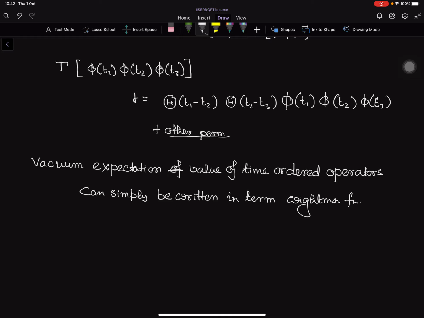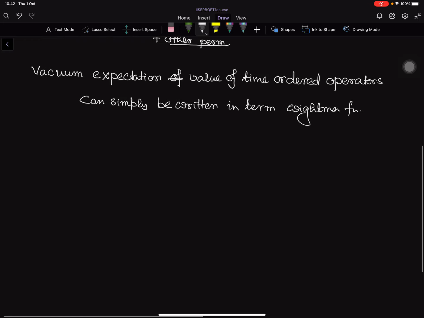Okay, so let's first see how the thing modifies.